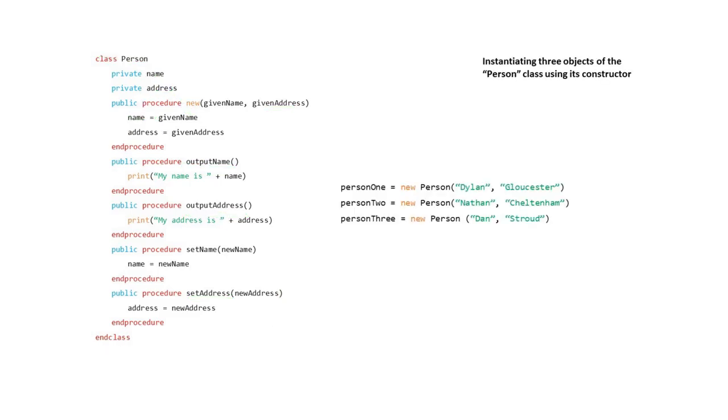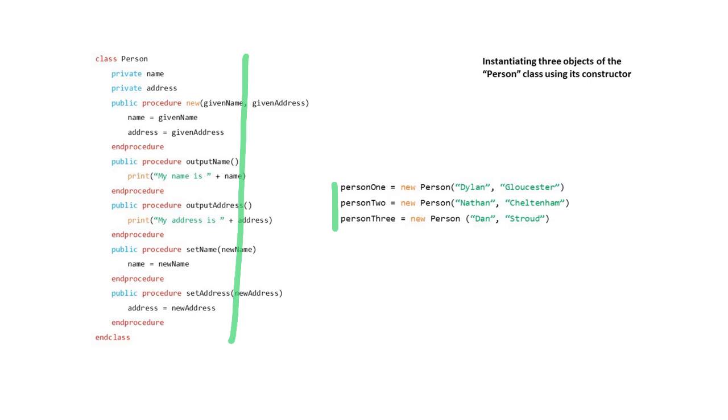Now remember that all this code here on the left is just the template for the person class. We use the following lines in our code which actually instantiates or creates, brings into being, three person objects. So we can call them whatever we like.